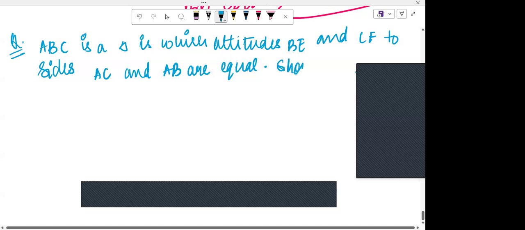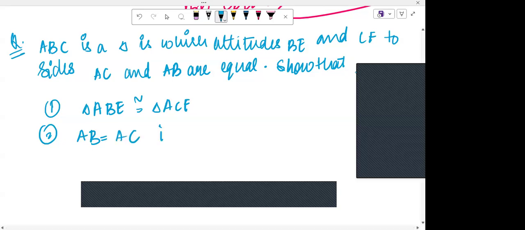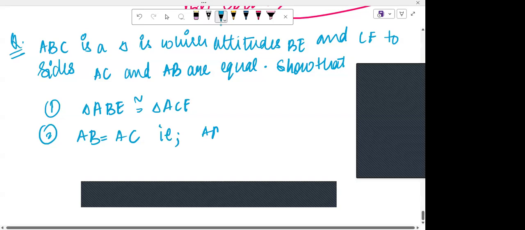Show that triangle ABE is congruent to triangle ACF. AB is equal to AC, that is, ABC is an isosceles triangle.